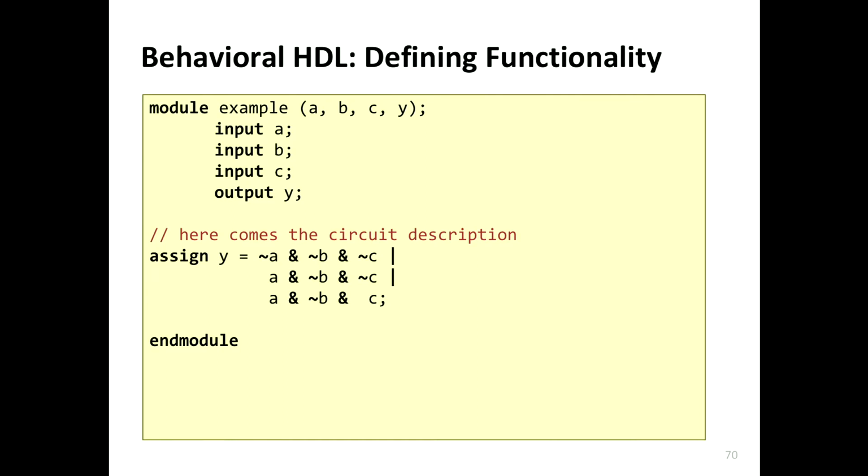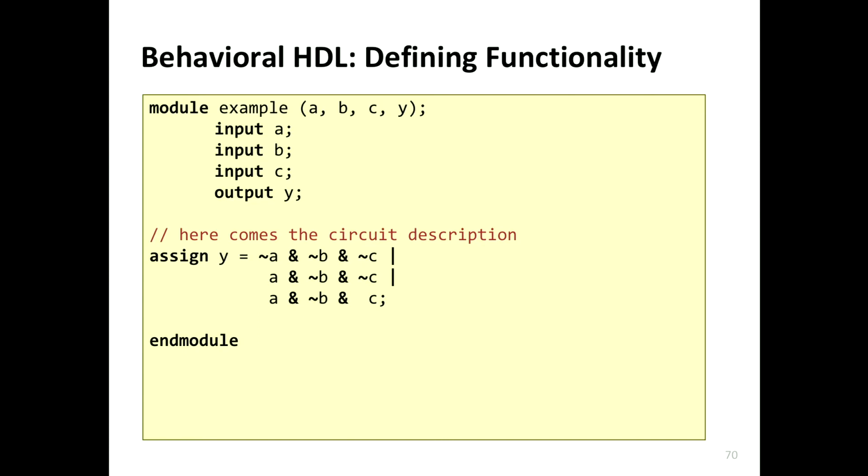So let's walk through this. You have example A, B, C, and Y. These are the signals, and let's try to draw it. So walk me through.